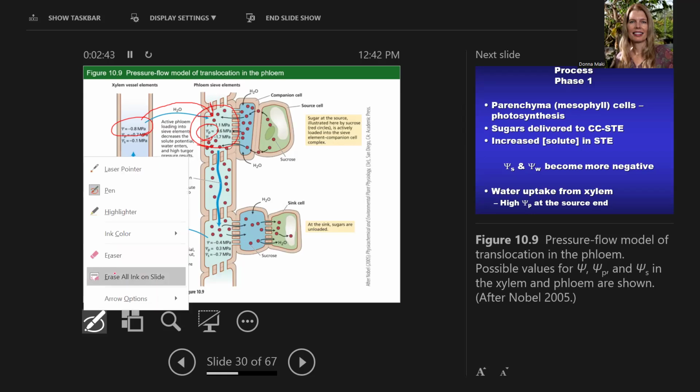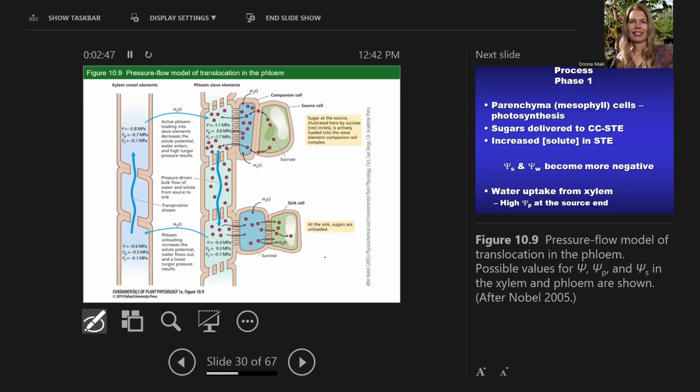And I use the example of a white potato tuber starting to develop. If you imagine sugars needing to get down to that tuber in the roots area, and that tuber is starting to say, hey, I need that sugar, I need that sugar, I need that sugar. So sugar is getting unloaded into the tuber to build a nice potato tuber for your French fries.